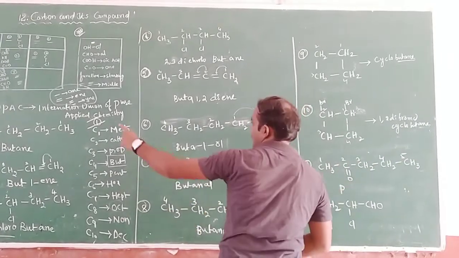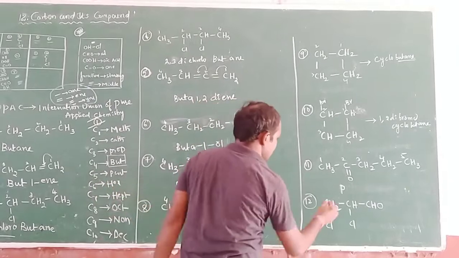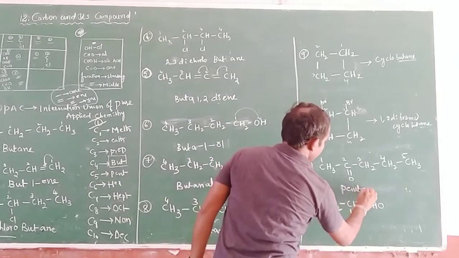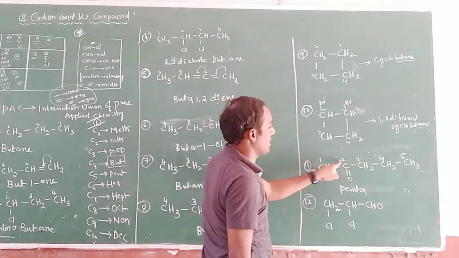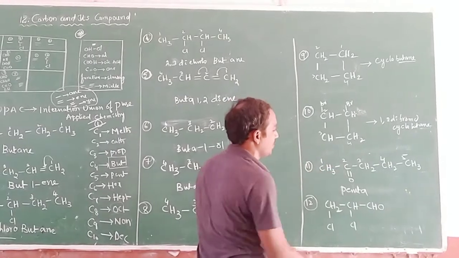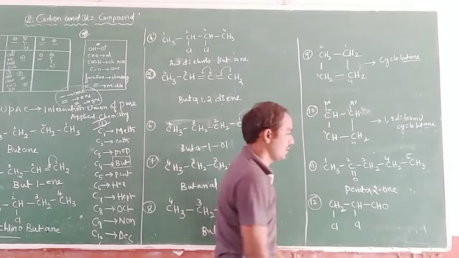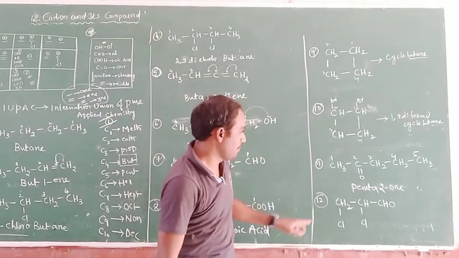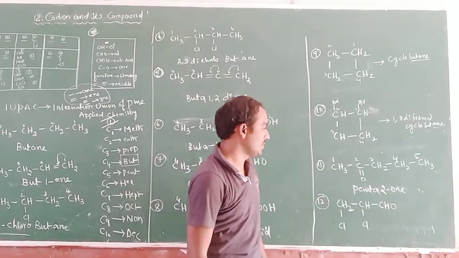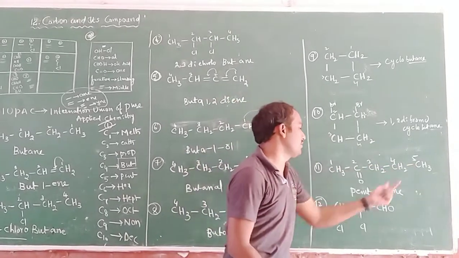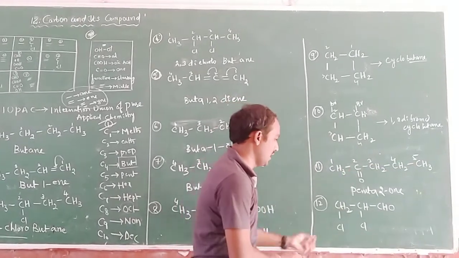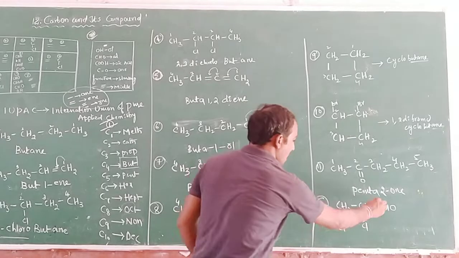If it is 5, that is penta. Which carbon is beside the functional group? The second one. So penta 2-ol. Between carbon and carbon, which bond do we have? Single bond.